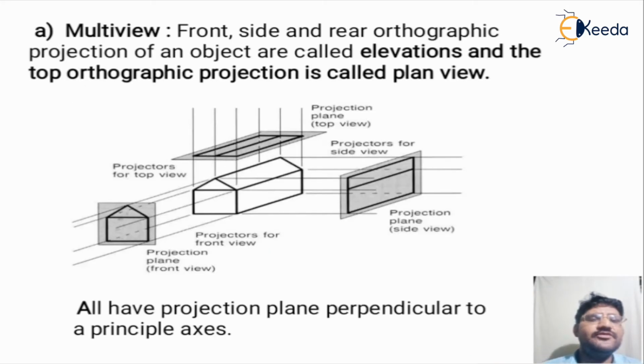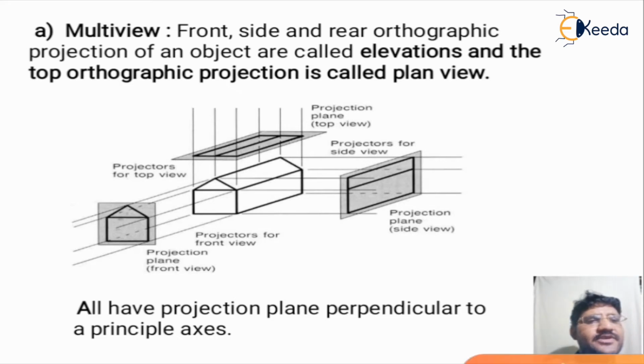In multi-view projection, there are different views like front, side, and rear. Orthographic projections of an object are called elevations, and the top orthographic projection is called the plan view.